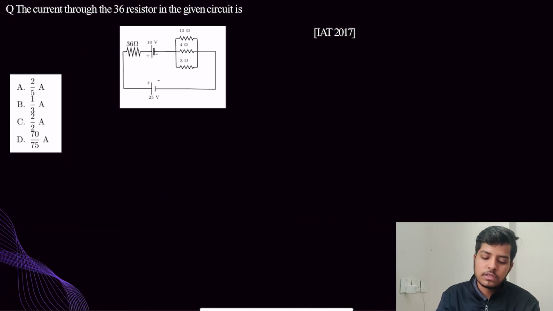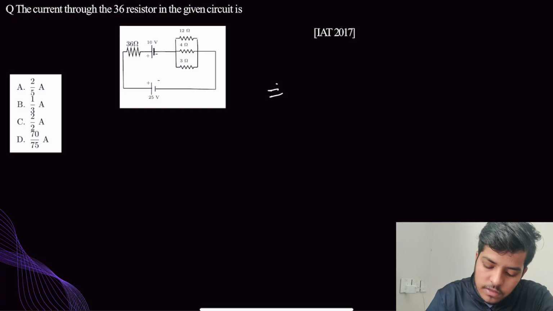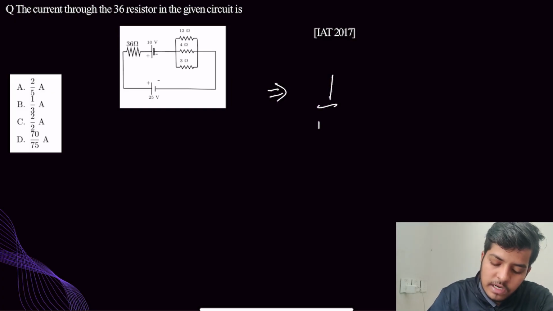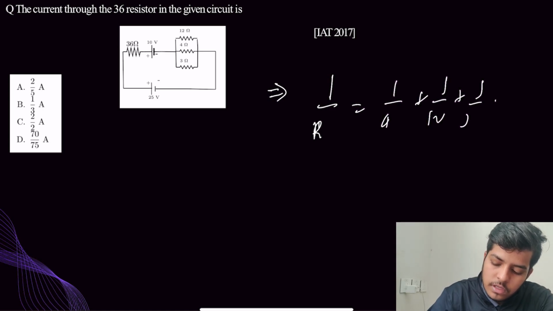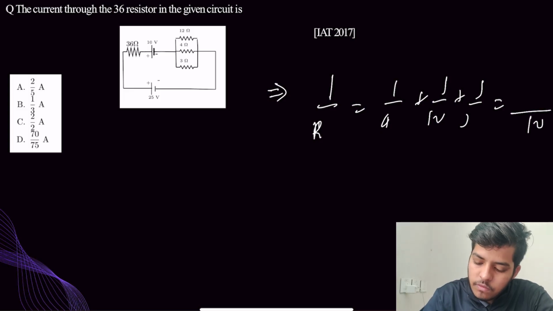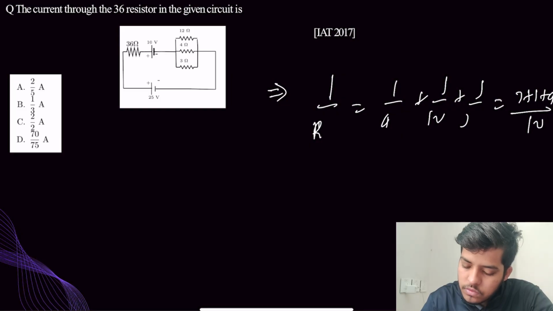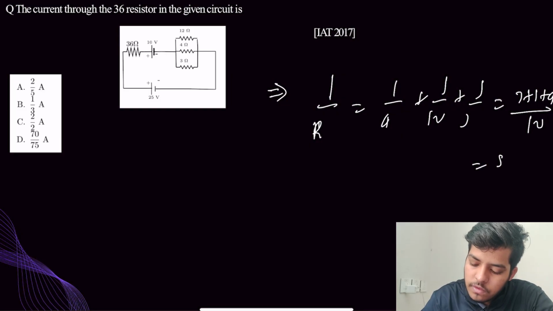द करंट थ्रू द 36 ओम रेजिस्टर इन द सर्किट इज. सो ये इजी क्वेश्चन है. तो चलिए इसको फाइंड करते हैं. सबसे पहले इसका इक्विवेलेंट रेजिस्टेंस फाइंड करते हैं. 1 अपॉन R इक्वल्स टू 1 अपॉन 4 प्लस 1 अपॉन 12 प्लस 1 अपॉन 3. ये आपका हो जाएगा 3 प्लस 1 प्लस 4 अपॉन 12, that is 8 upon 12.